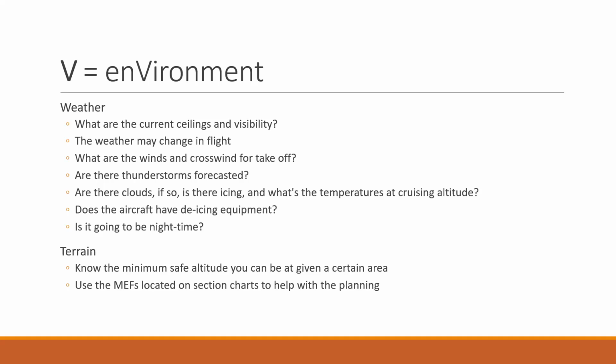And basically, if you fly above that altitude, you'll be clear of any obstacles and terrain. So over water, they won't even mention it because it's like 0. But over mountainous terrain, it might be something like 3,000 or 4,000 feet, 5,000 feet. As long as you stay above them, you'll be fine. So knowing your minimum elevation figures and knowing your minimum safe altitude that you can be at is part of this V.